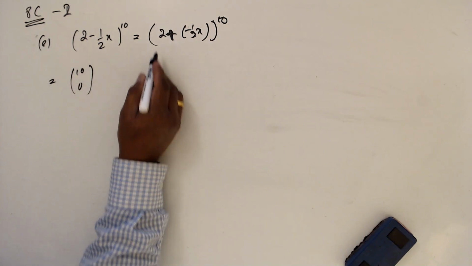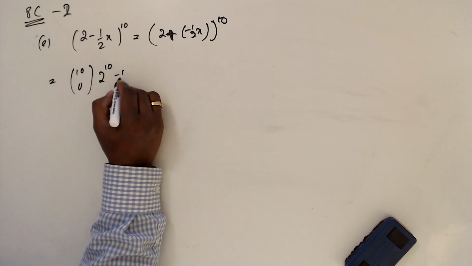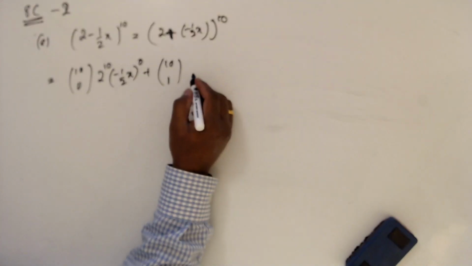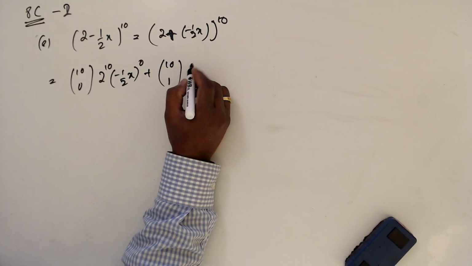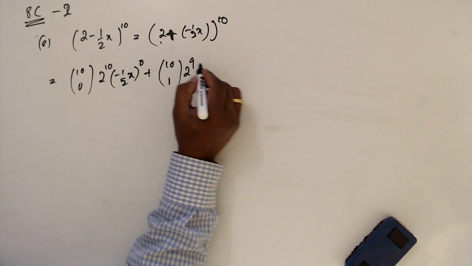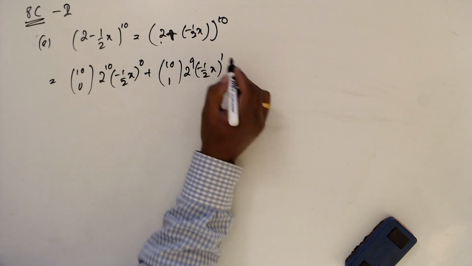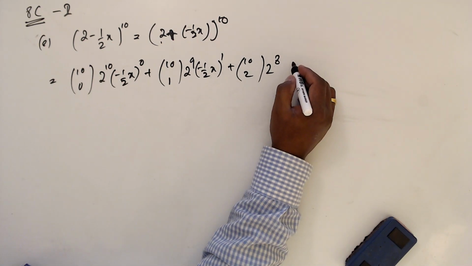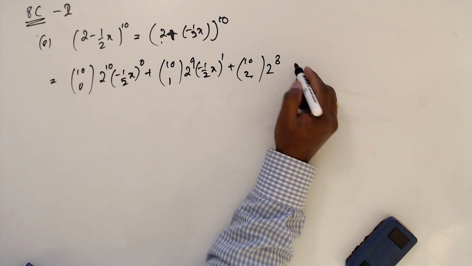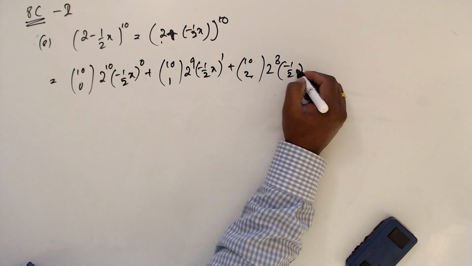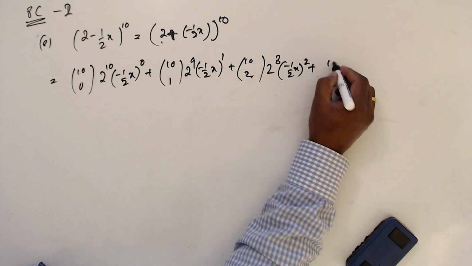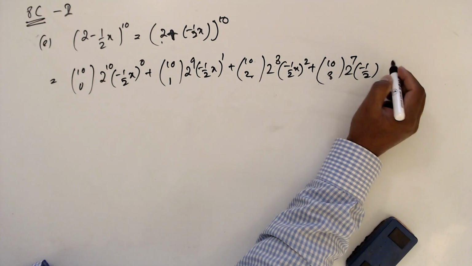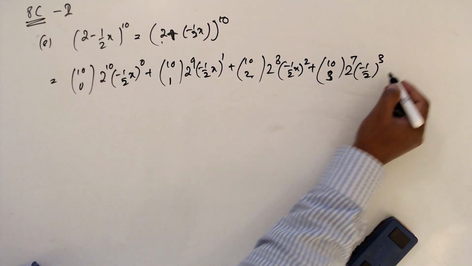10C0 times 2^10 times (minus half x)^0, 10C1 times 2^9 times (minus half x)^1, then 10C2 times 2^8 times (minus half x)^2, then 10C3 times 2^7 times (minus half x)^3, plus and so on.